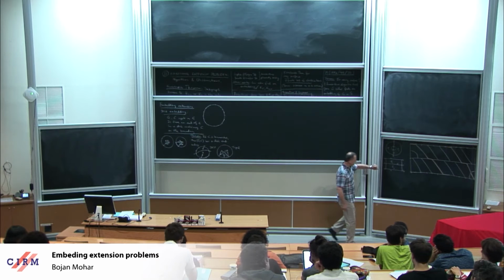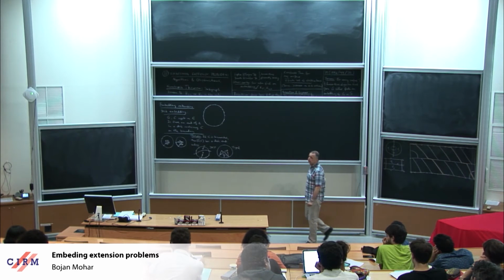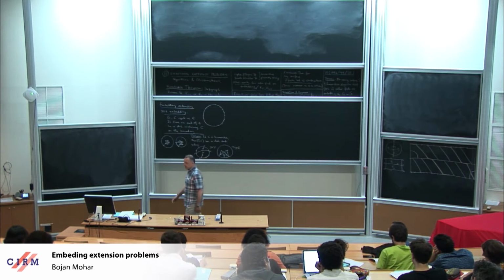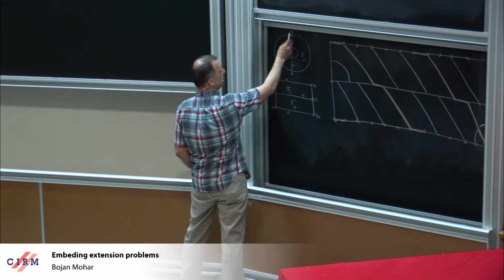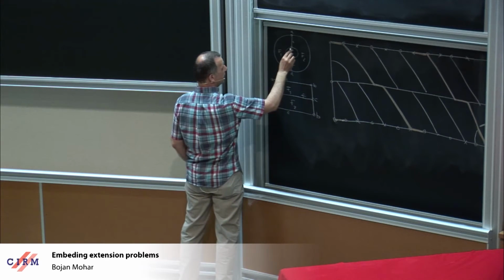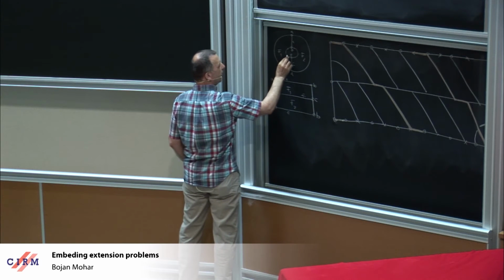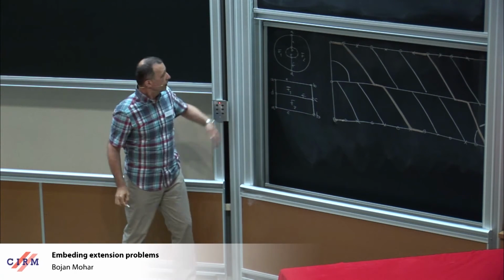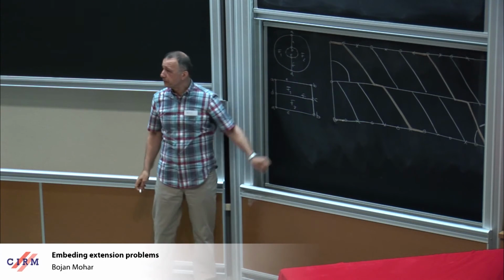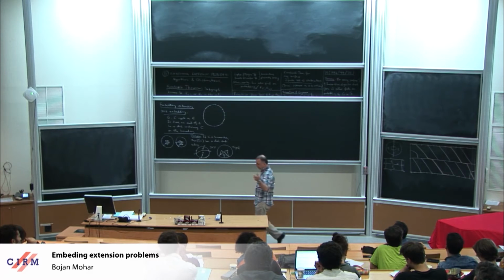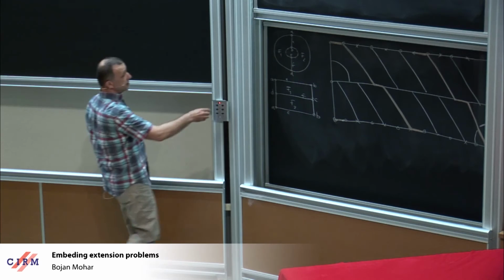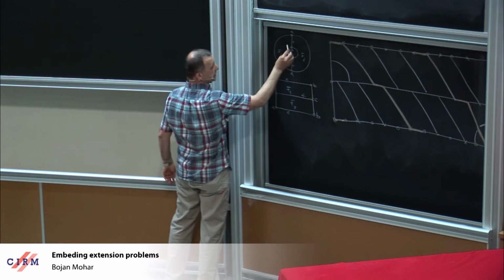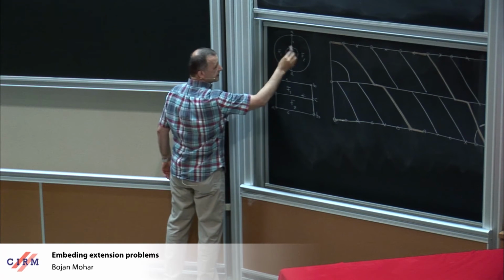Now, here I have another embedding extension problem on an example. Suppose, instead of a cycle now, I give you a graph which looks like the cylinder here. So I give you a graph on 4 vertices and these 6 edges, and it's drawn in the cylinder, and this is a subgraph of your graph.